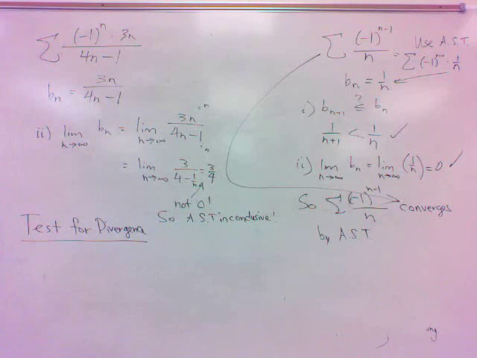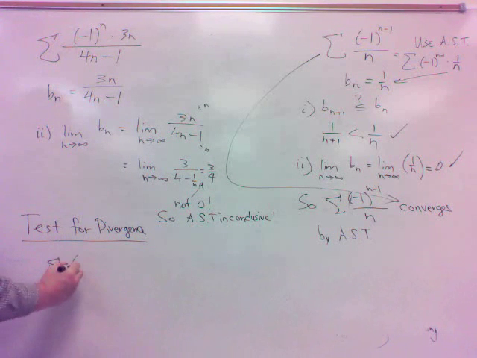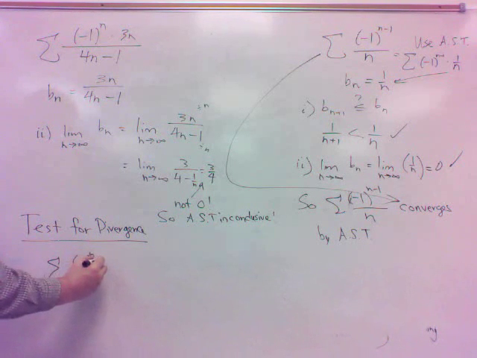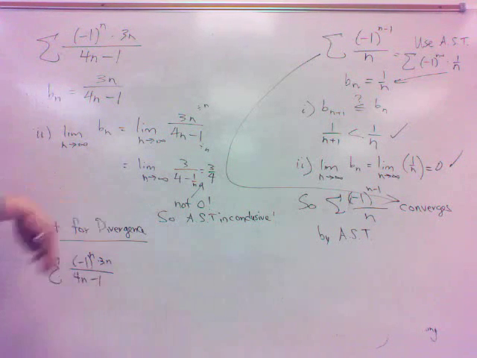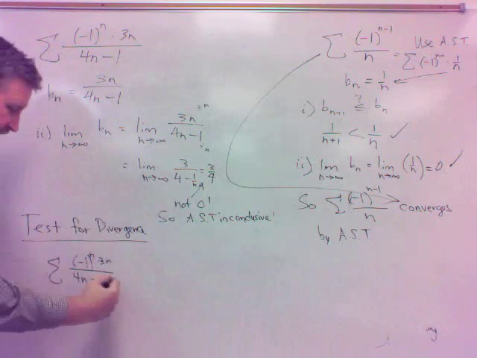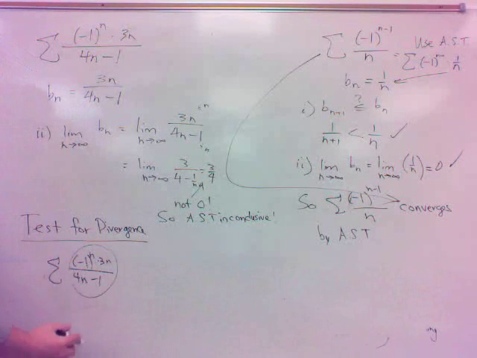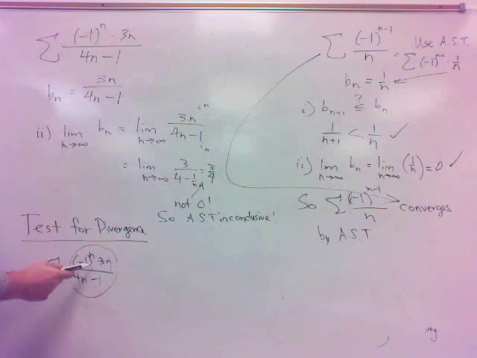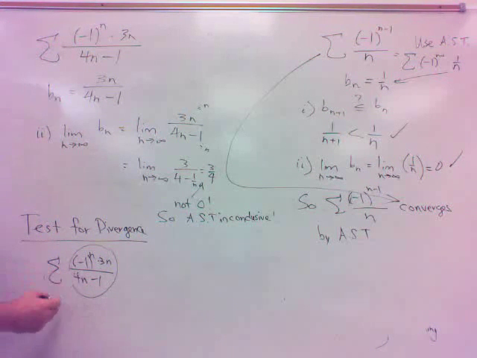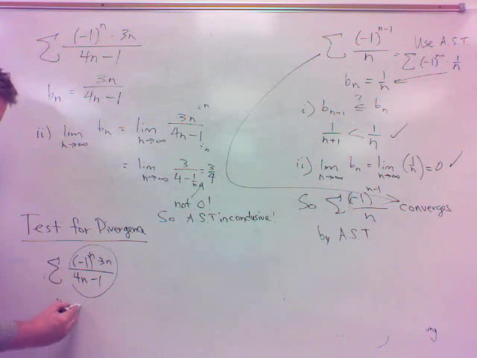On the test for divergence, you are looking at the whole picture. You're looking at the a sub n here. The test for divergence says if the limit as n goes to infinity of your a sub n's is not 0, it's divergent.